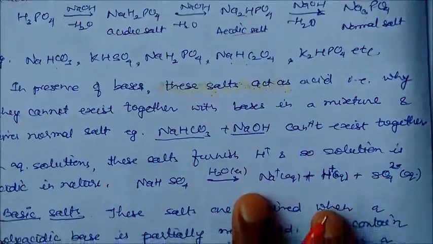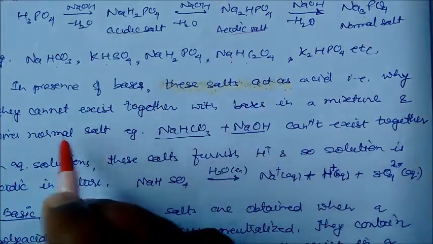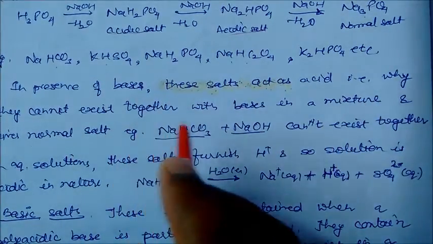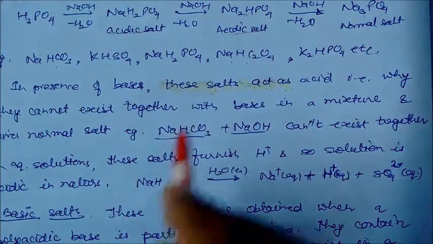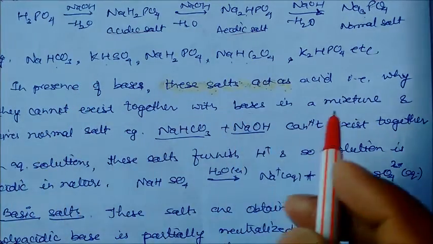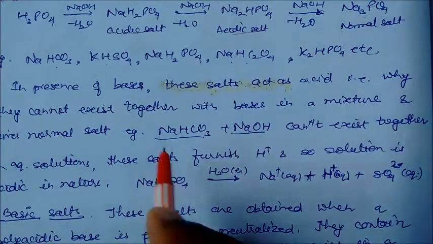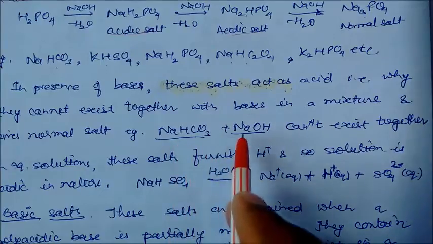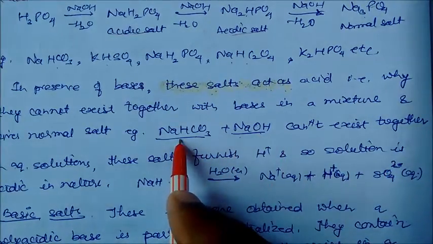In the presence of bases, these salts act as acids. Why? It is very clear, because they have acidic hydrogen, and they cannot exist together with bases in a mixture. So they have acidic hydrogens. We cannot keep them with bases, and if you do, they become a normal salt. So sodium bicarbonate and sodium hydroxide cannot exist together. If you put them together, one will act as an acid, the other as a base.